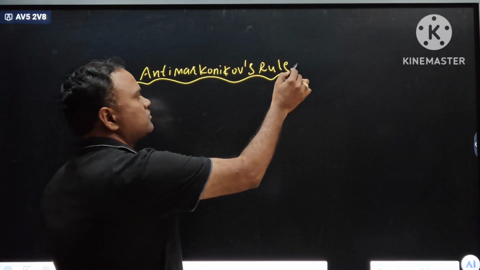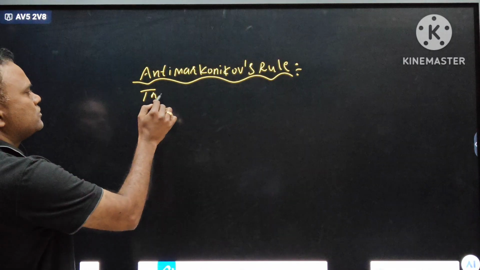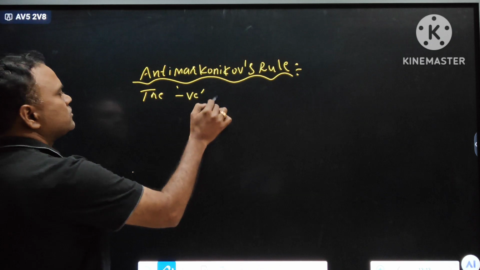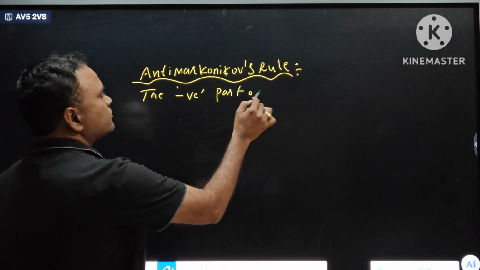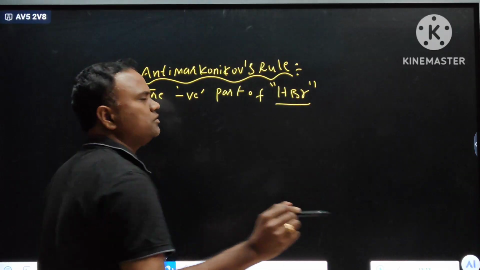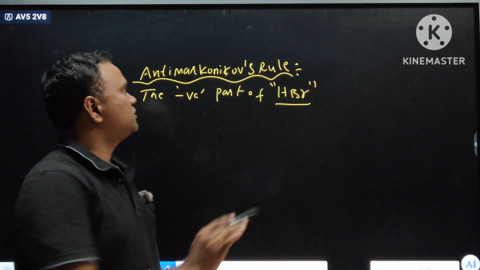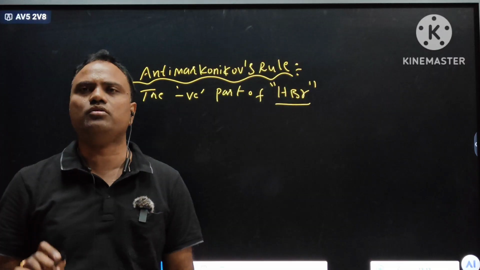Anti-Markovnikov's rule. The negative part of HBr, particularly HBr only. Don't take HCl or HI or HF, only HBr. This definition works for HBr only.